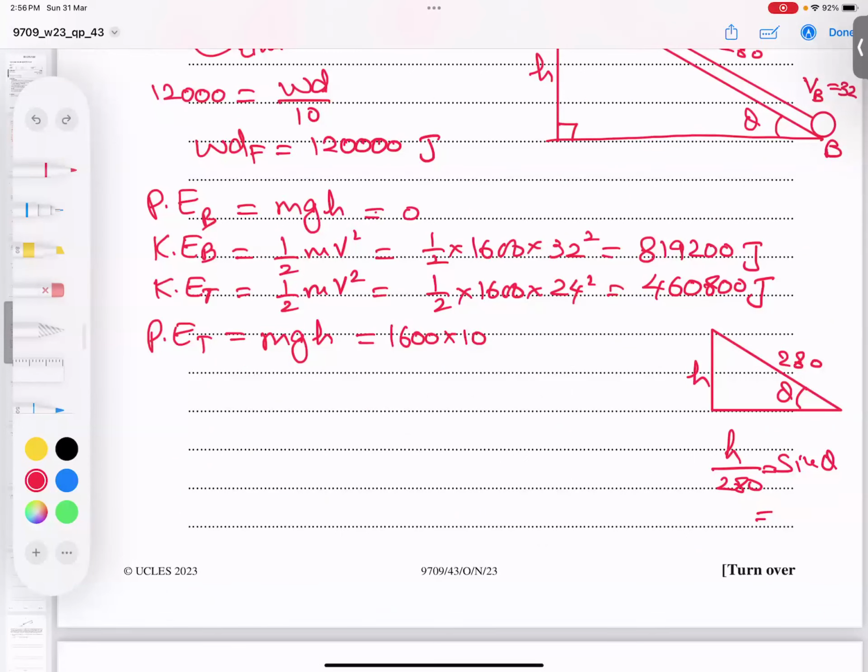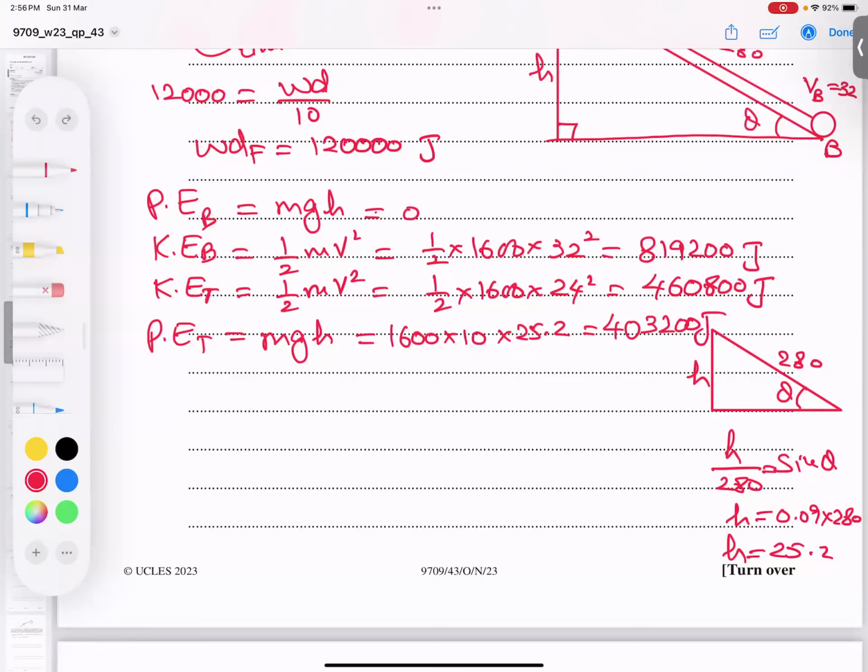So 0.09 into 280, I will get height. So 280 times 0.09 is giving us 25.2. So this height is going here, 25.2. 25.2 into 16000, I get 403200 joules. I think it is clear now.